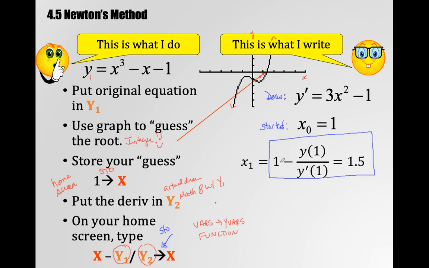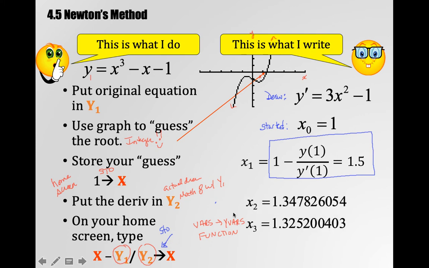But I really just need this, and I only need it one time, that you got 1.5. And then after that, I just need you to give me however many iterations I asked for. I don't need to see you write it out multiple times.